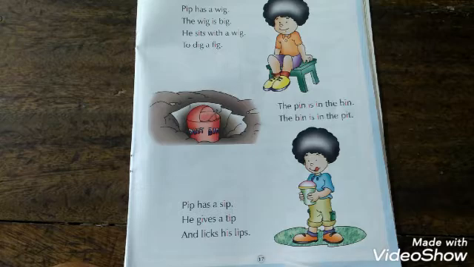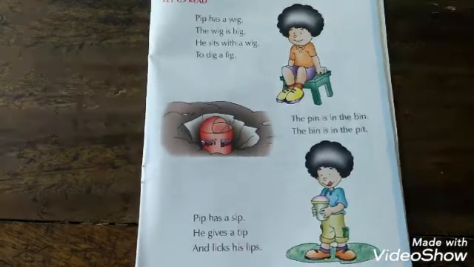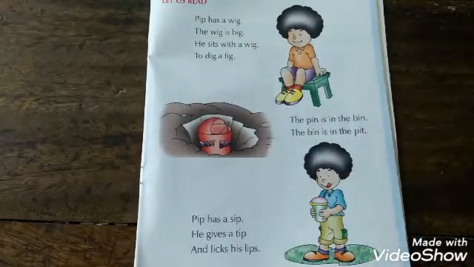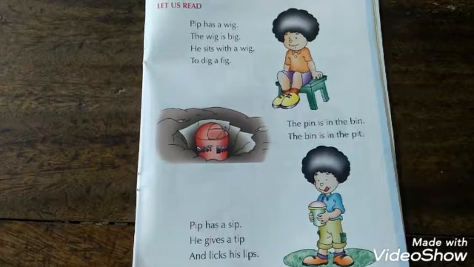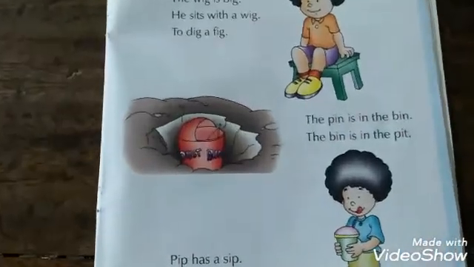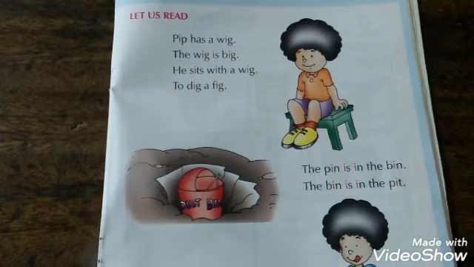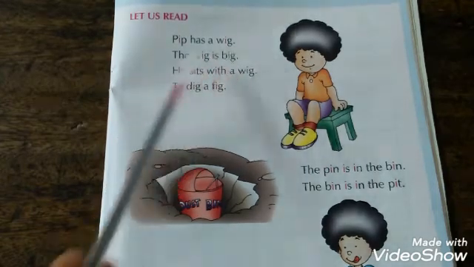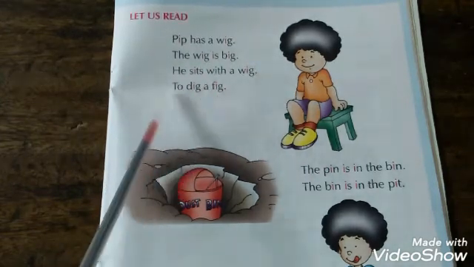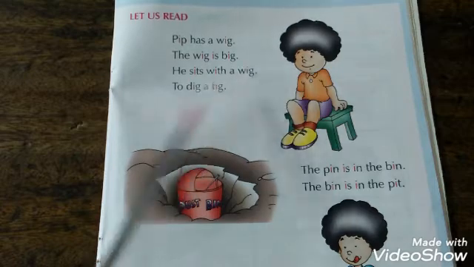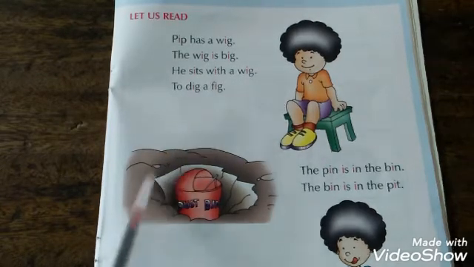Then turn page 17. Page 17. What is here? The sentences using vowel I. Okay. So we are going to read the sentences now. See here. Peep has a wig. The wig is big. He sits with a wig to dig a fig.